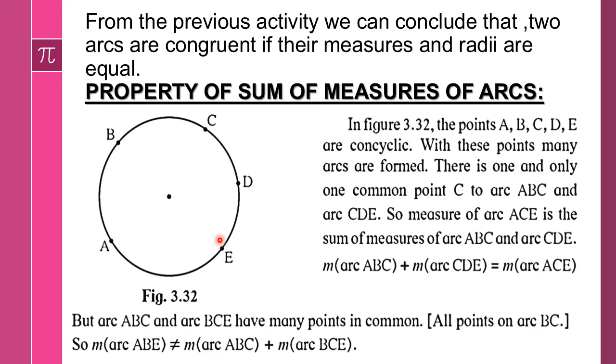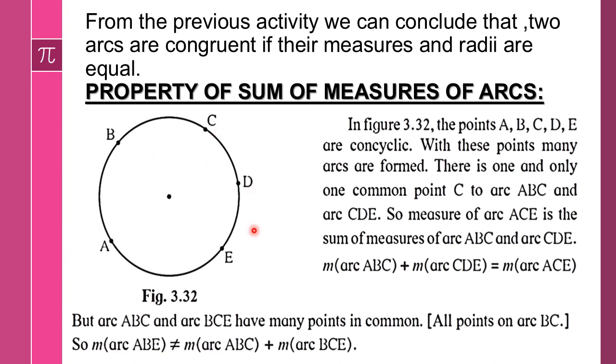But arc ABC and arc BCE have many points in common. So if you see arc ABC and arc BCE, this BC part, that is this arc BC, this particular piece, is common to arc ABC and also arc BCE.